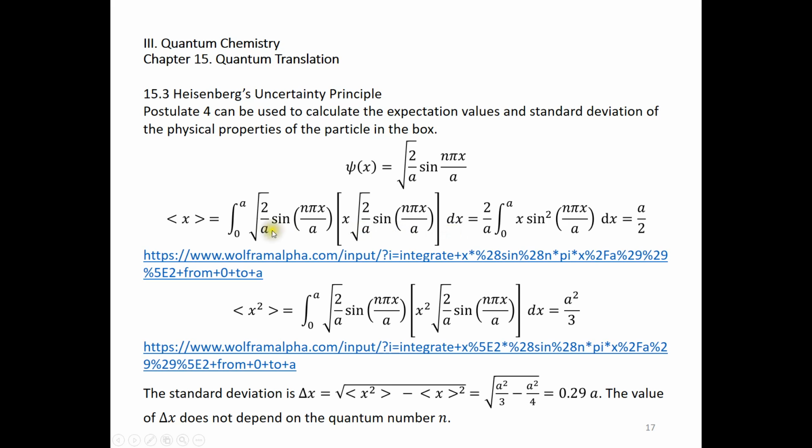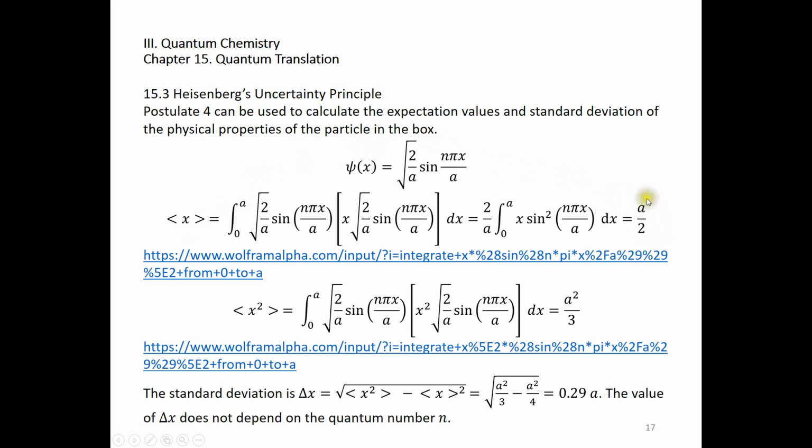We just need to integrate this. To integrate this, we need to solve this integral, which is non-trivial. So I used Wolfram Alpha to integrate this whole thing. I got 1/2 of a as the expectation value for the position of the particle in the box.